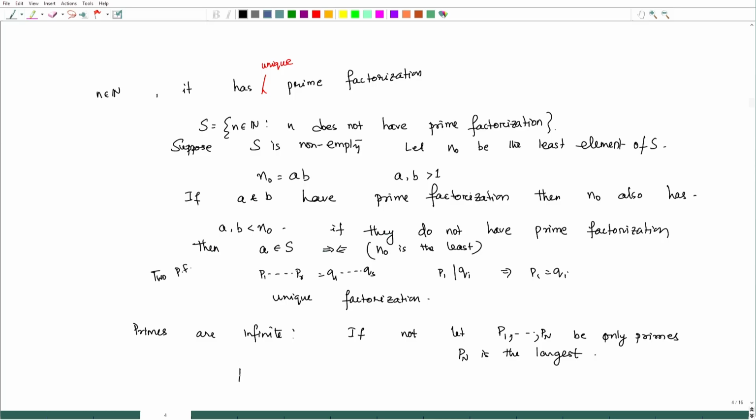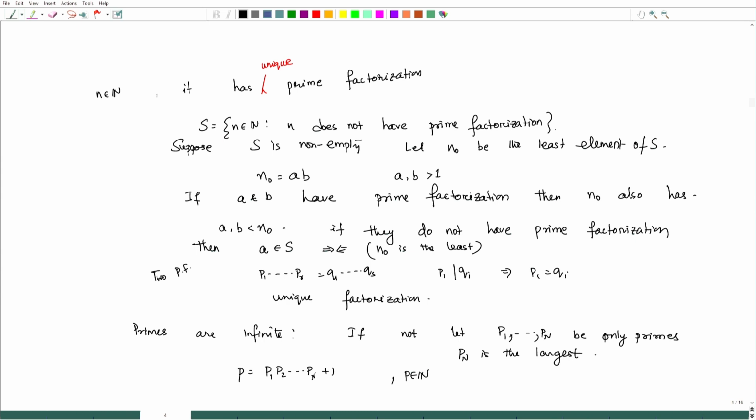So, therefore, consider this number, this is what Euclid said: P = P1 times P2 times ... times Pn, plus 1. Now, this is a natural number, and then this P is going to have a prime factorization.